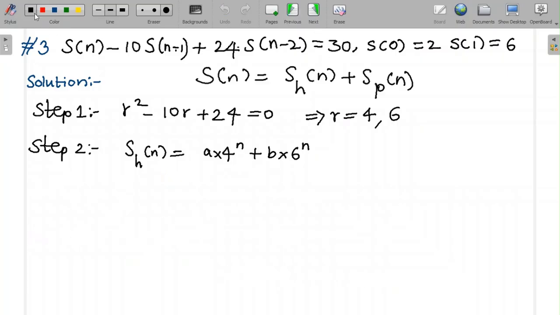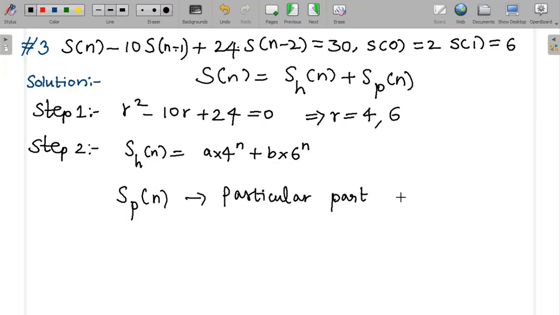The particular part of the solution, namely Sp of n, will take the same nature as the function on the right. So if we have a constant on the right, the particular part of the answer will also be a constant.